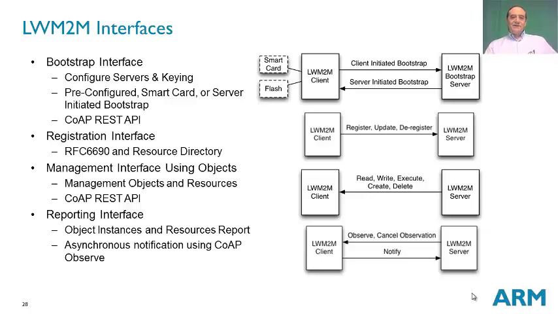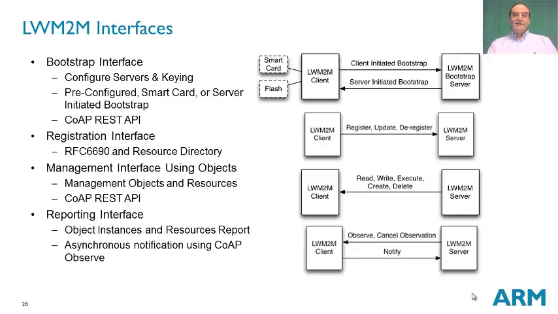Then the registration interface is provided so that Lightweight M2M devices can upload their links using resource directory and RFC 6690 that we just talked about to inform the server and let any applications discover the resources of the Lightweight M2M devices.